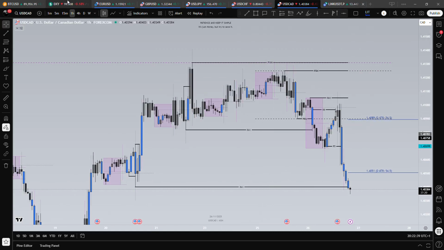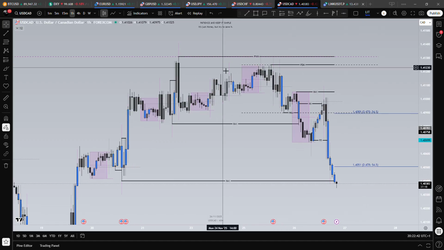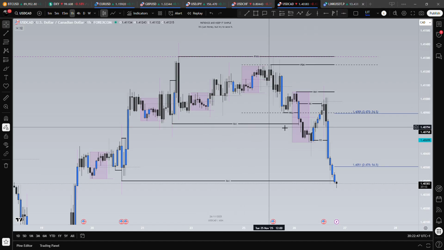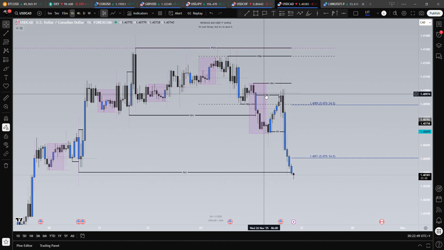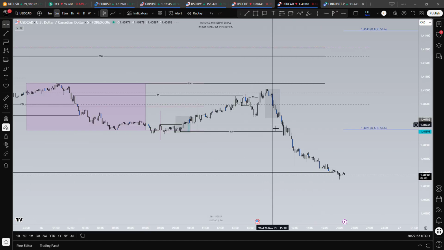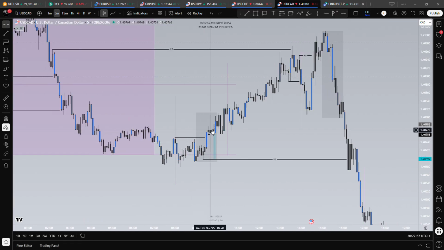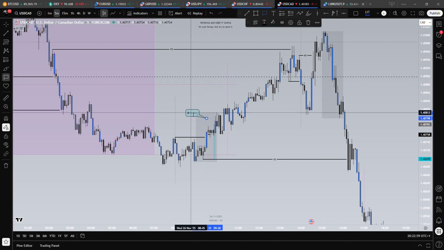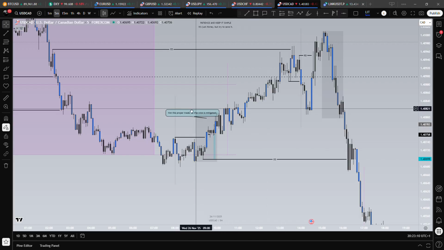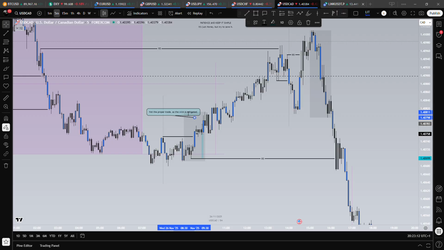And then USD CAD, I had a stop loss here, but it wasn't a correct trade. So we had some round liquidity in H1 here from this round liquidity in H1 taken and the previous daily low, and then continuation to the downside. So I took a continuation trade here, not the proper trade, as the wick is mitigated.